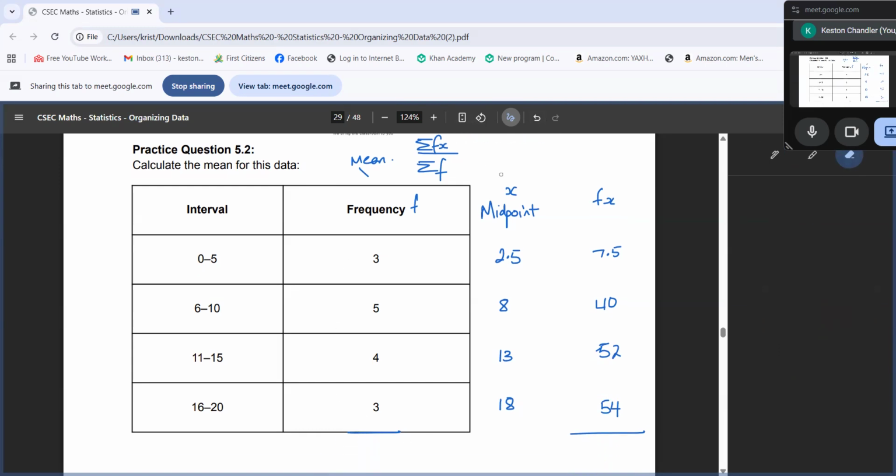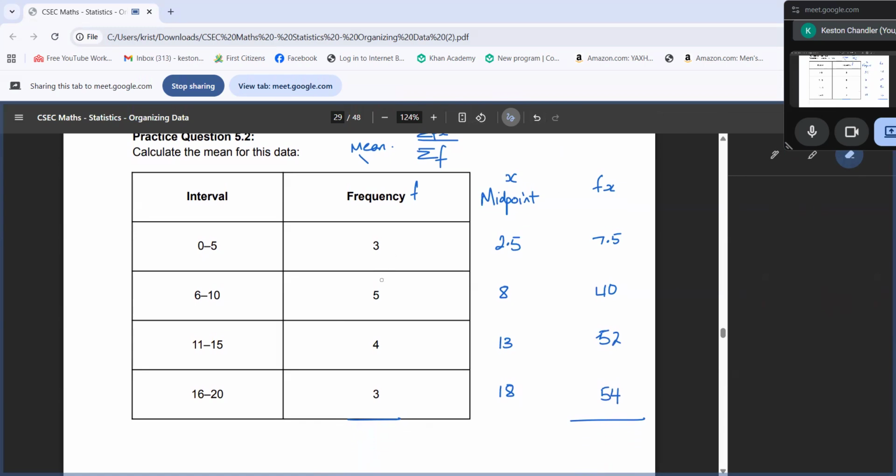Right, so we need the sum of our frequency here. 3 and 5 is 8, 8 and 4 is 12, 12 and 3 is 15.